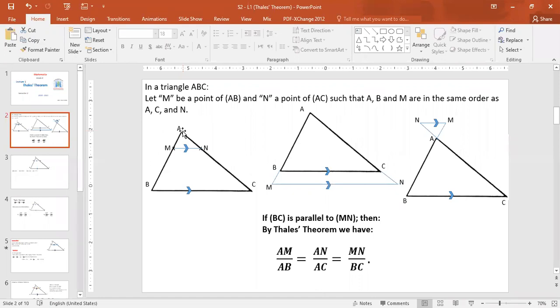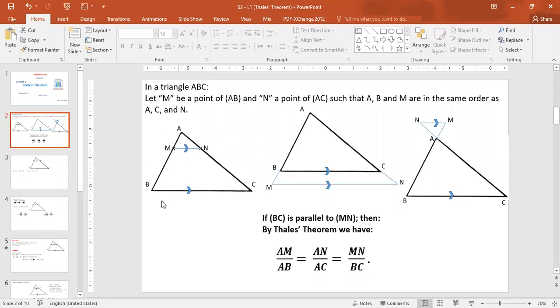Don't worry. So we should choose a vertex to start writing the ratios of Thales theorem, because in Thales theorem we need to write ratios. Which vertex do I choose to start with? I choose the vertex opposite to the parallel lines.